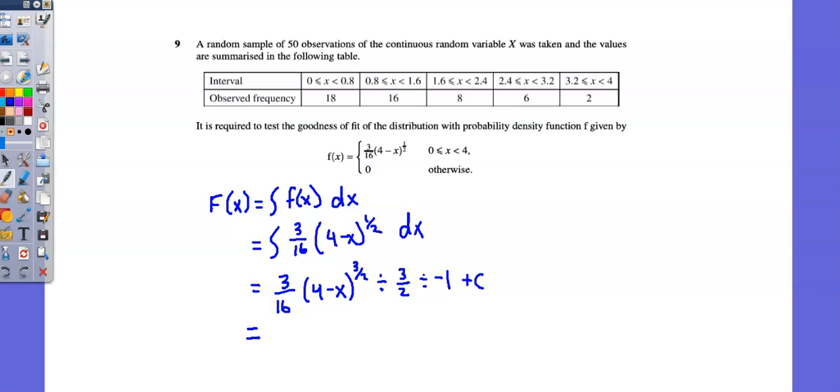Simplifying, I get -1 over 8 times 4 minus x to the power of 3 over 2 plus c.